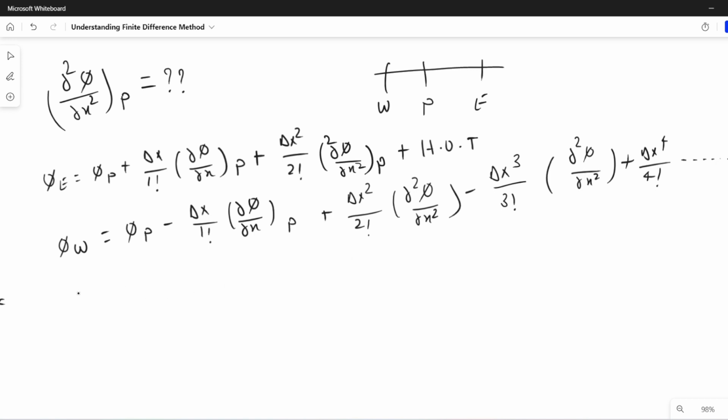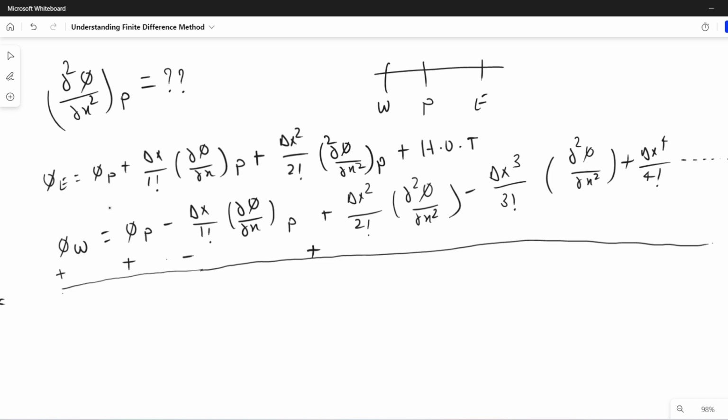Now in central difference, to find ∂φ/∂x, we subtracted equation 2 from equation 1. In this case, we will be adding these equations. So we will simply add.